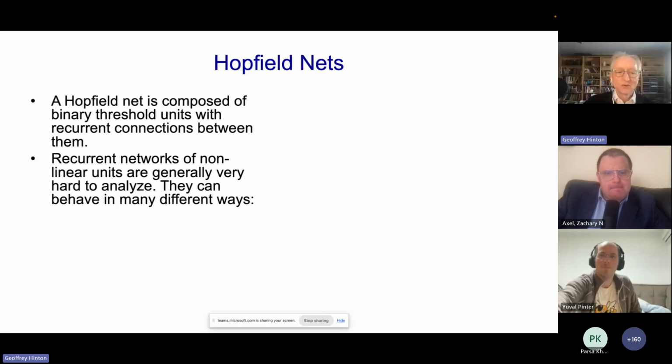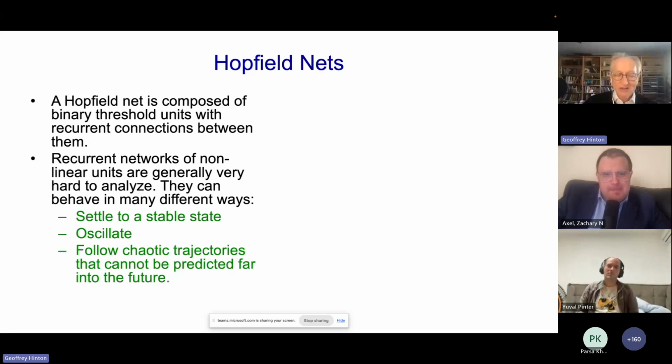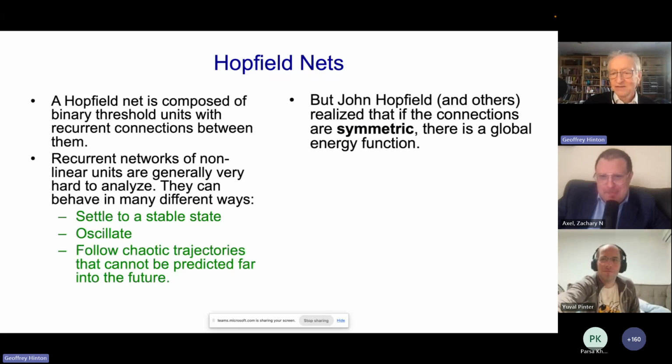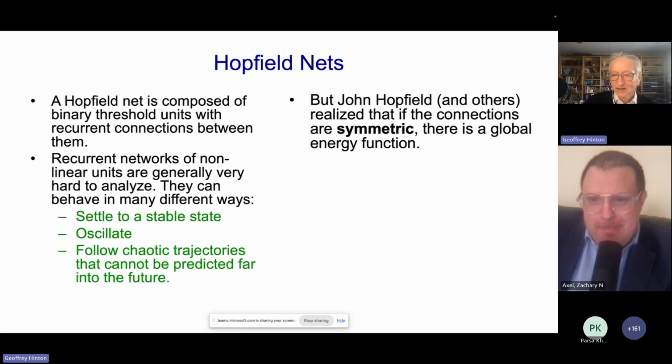Now, in general, when you have a recurrent network, it can behave in all sorts of different ways. It can settle to a stable state, it can oscillate, it can be chaotic, so you can't predict what it'll do. But Hopfield realized that if you make the connections symmetric, then there's a global energy function. And the symmetry of the connections is equivalent to Newton's third law. It's equivalent to saying action and reaction are equal and opposite.